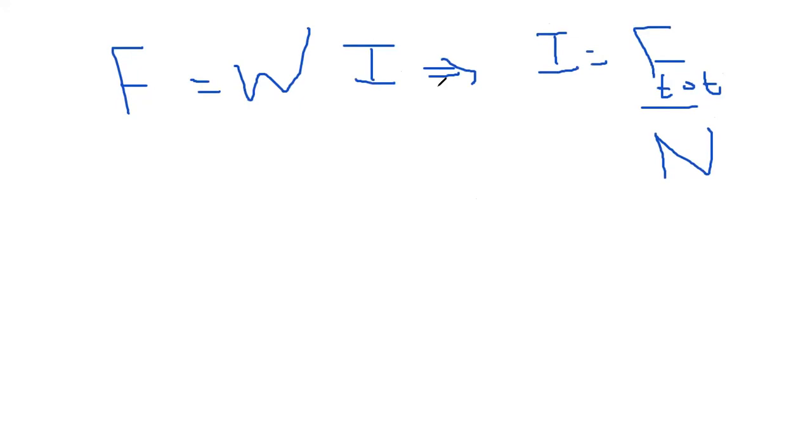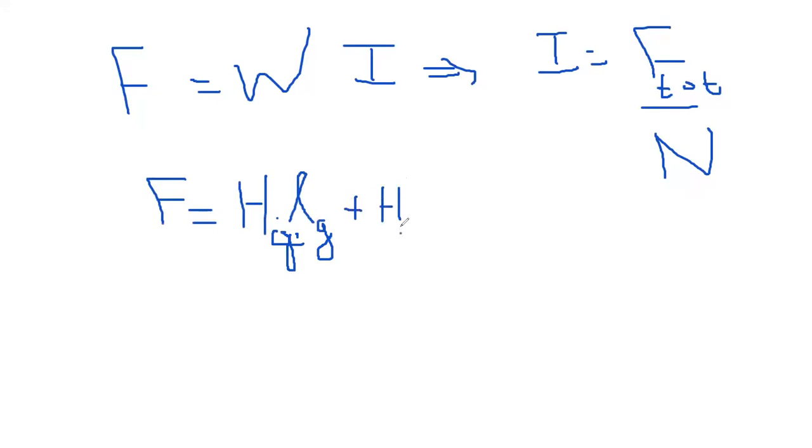So in order to determine the total MMF, of course, F is equal to H times L. And if we have different materials or different pieces like here, because they are not the same, we have, for example, the air gap, Hg times Lg, and we have the first length, which is H1 times L1, and we have the second length, which is H2 times L2.